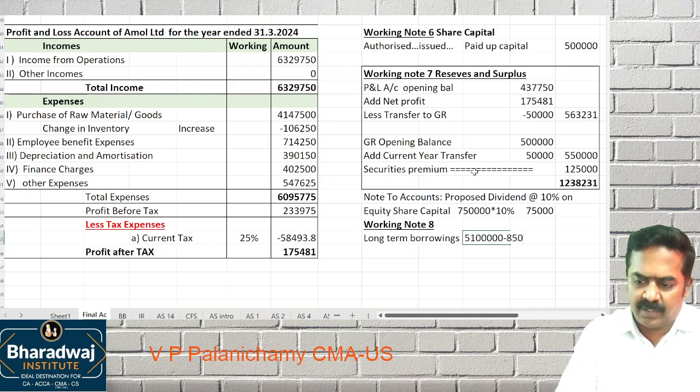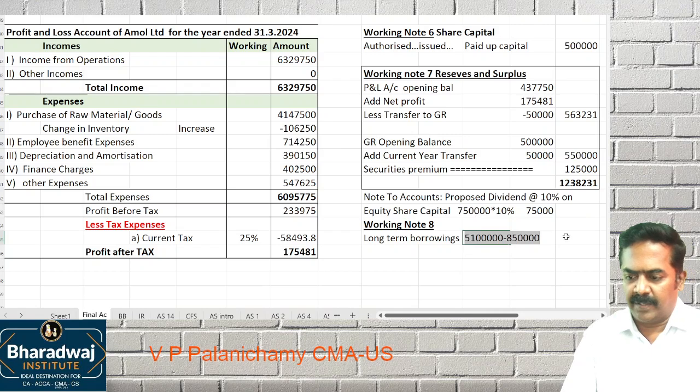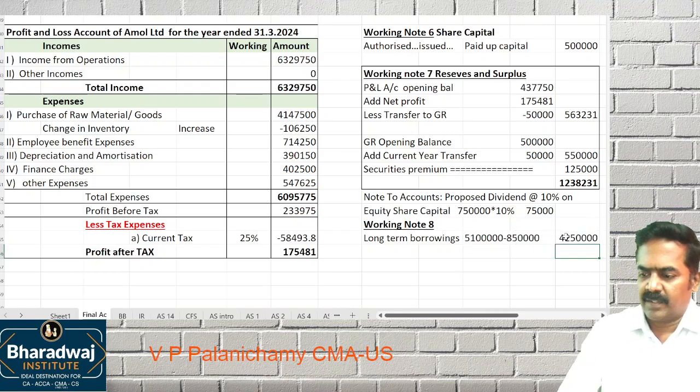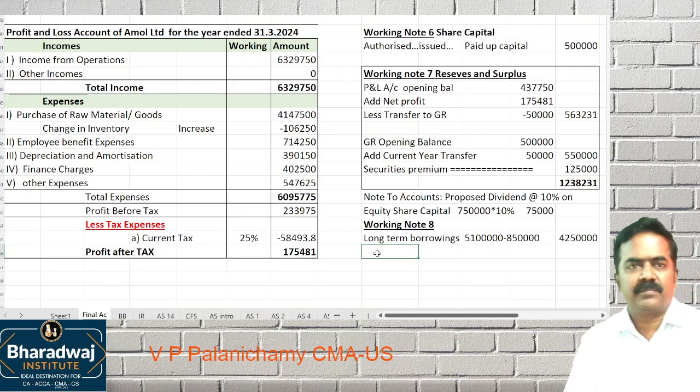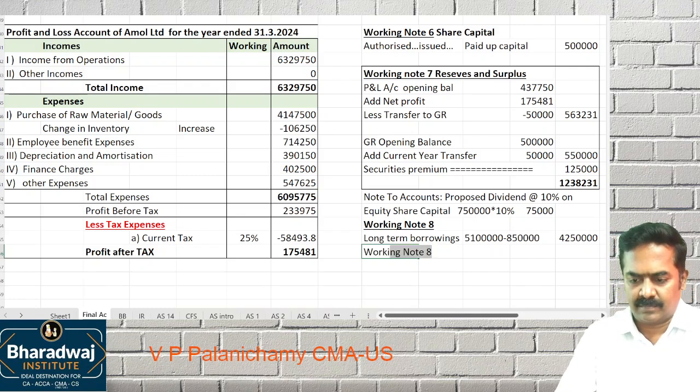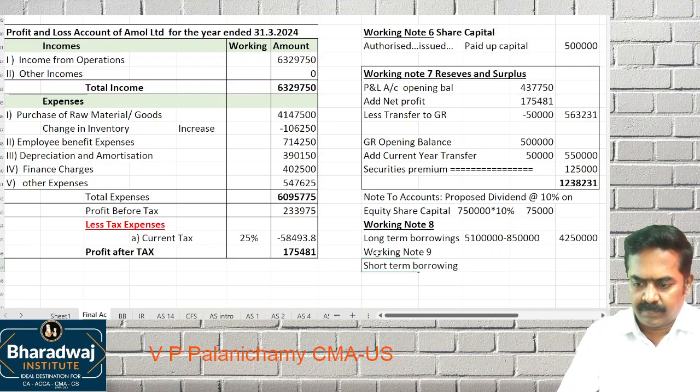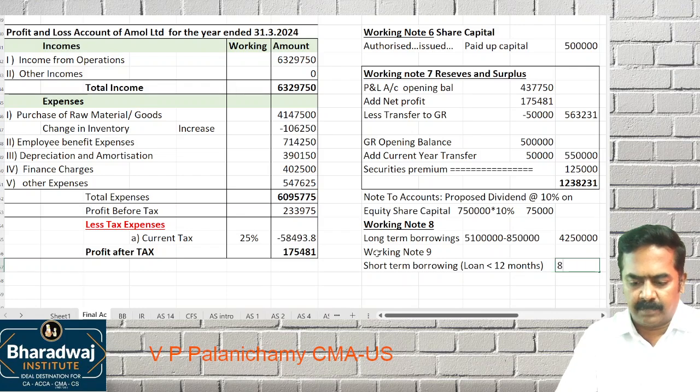What is payable within 1 year? 8 lakh 50. The balance will come as long-term borrowing. That 8 lakh 50 will be shown under short-term borrowings, current liability loan. Loan due to be repaid within 12 months.